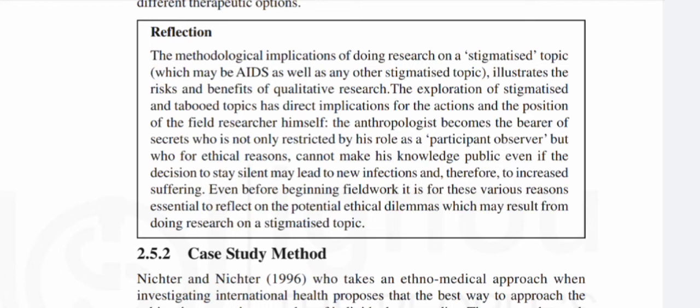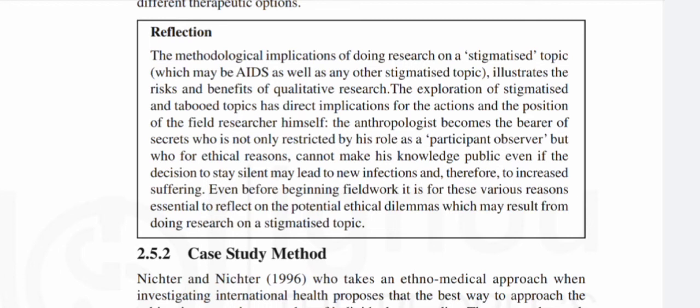The anthropologist becomes the bearer of the secrets, who is not only restricted by his role as a participant observer, but who, for ethical reasons, cannot make his knowledge public, even if the decision to stay silent may lead to new infections and therefore to increased suffering.